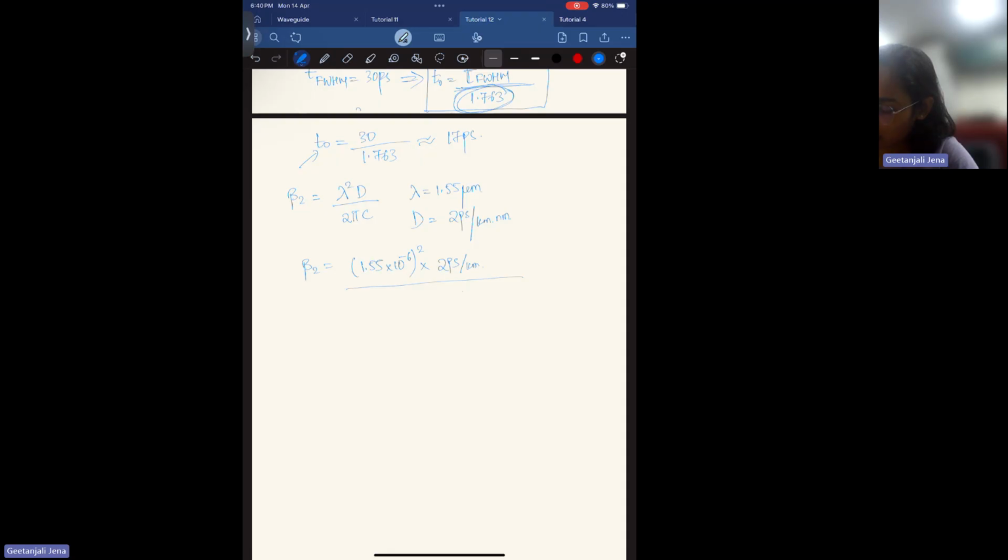So if we now calculate beta 2, it will be lambda square, which is 1.55 into 10 to the minus 6 square. D is 2 picosecond per kilometer nanometer. Let us change the nanometer to meter, this is 10 to the minus 9, and 2 pi c is 3 into 10 to the power 8 meter per second. This will give seconds; you can convert it to picosecond by multiplying by a factor 10 to the 12.